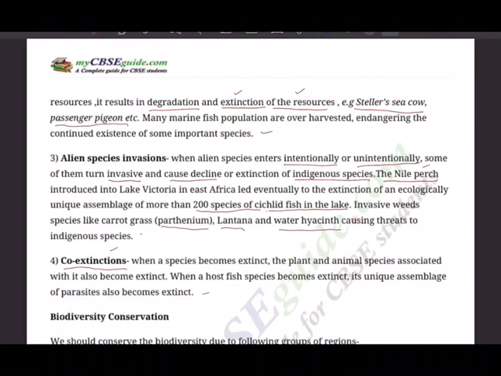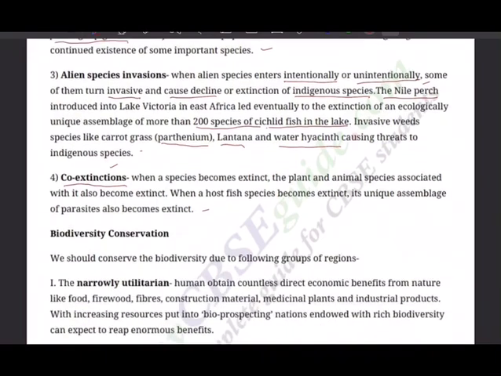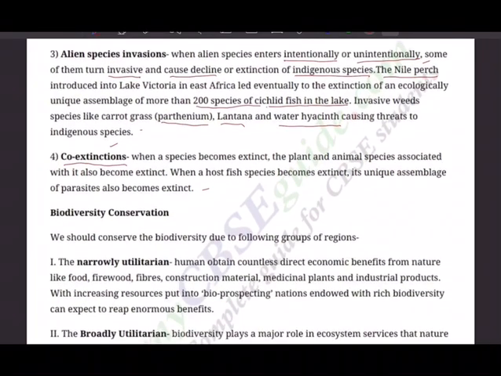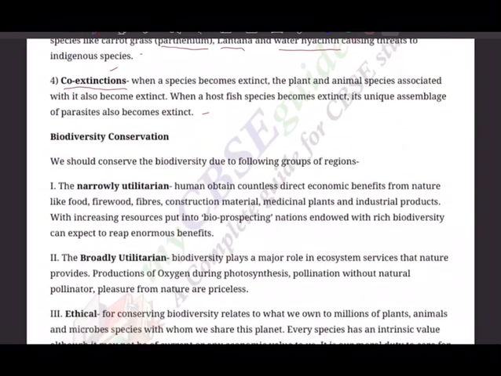That is, certain obligatory mutualistic relationships exist in nature. For example, Pronuba and Yucca. If Pronuba becomes extinct, Yucca also automatically becomes extinct. So this is known as co-extinction. One goes off, the other also automatically goes off.